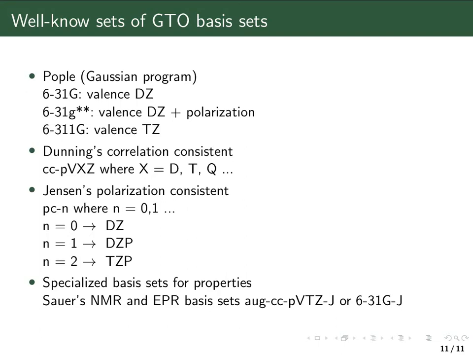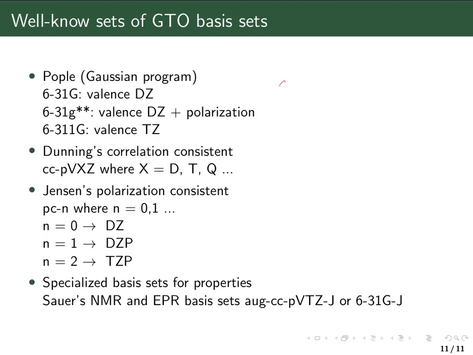And then there's some notation for the polarization functions. So a star means, the first star means polarization functions on all the atoms which are not hydrogen. And if you have a double star, the second star means you also have polarization functions, which means p functions, on the hydrogens. There's actually also another nomenclature which I haven't mentioned here.